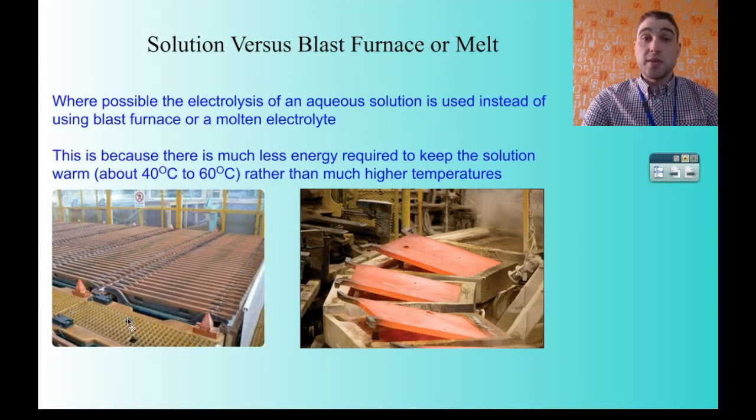Whereas if you need to use a melt, you need to heat up the salt to its really high temperature before the ions will separate and it will melt, and that requires an awful lot of energy. In the blast furnace as well, you need to provide a lot of energy to heat it up so that it's effective at turning the carbon into carbon monoxide, so that it can reduce the metal ions. So if you can, use an aqueous solution.